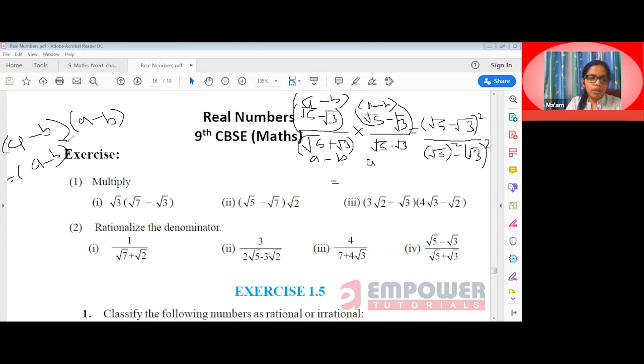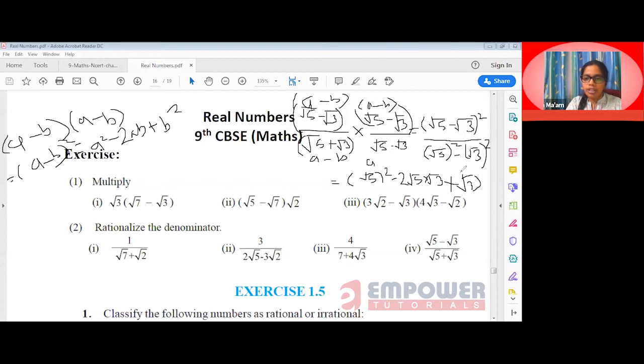So we will solve it like this, a square minus 2ab plus b square form. So you need to solve your numerator like this. So this will be equal to root 5 square, minus 2 into root 5 into root 3, plus root 3 square, right?